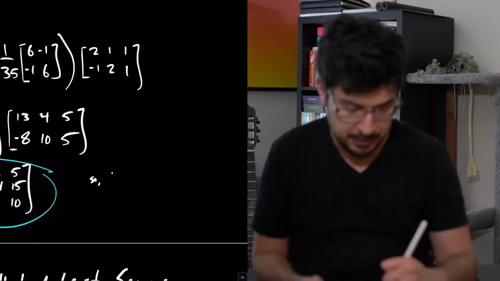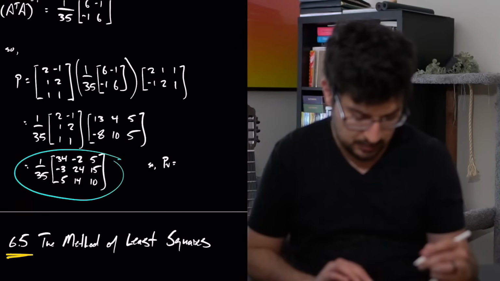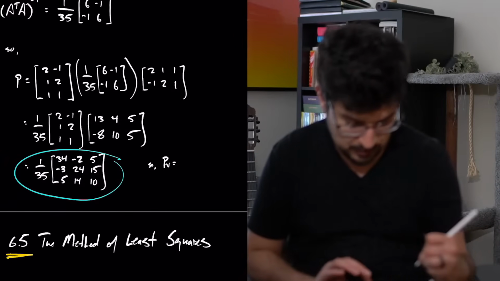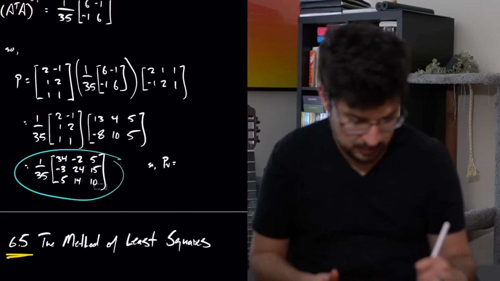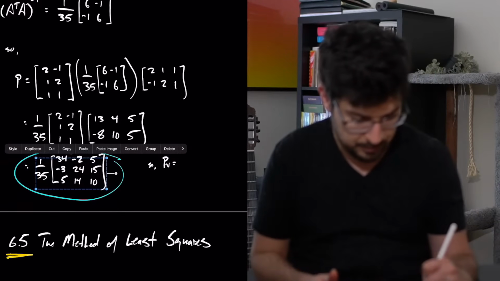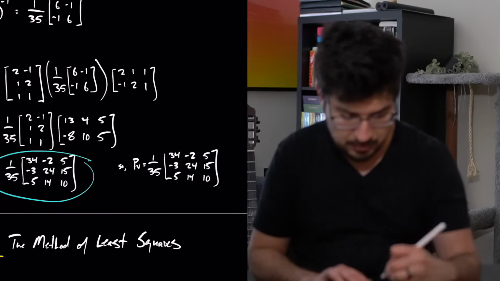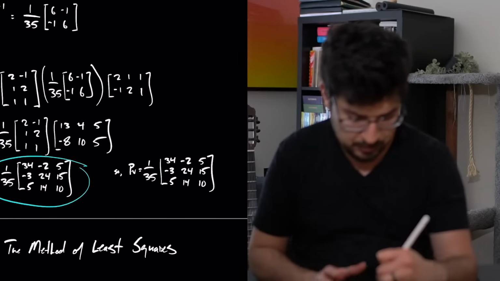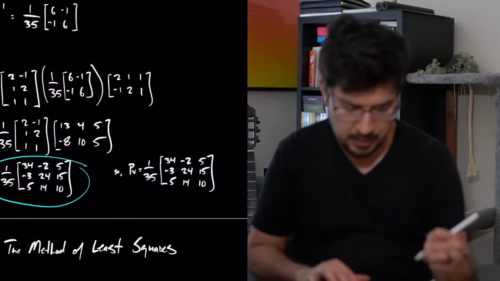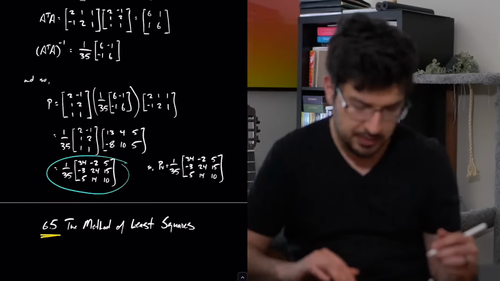So P v is, let's copy all of it. And our initial vector v is 2, -1, 3.